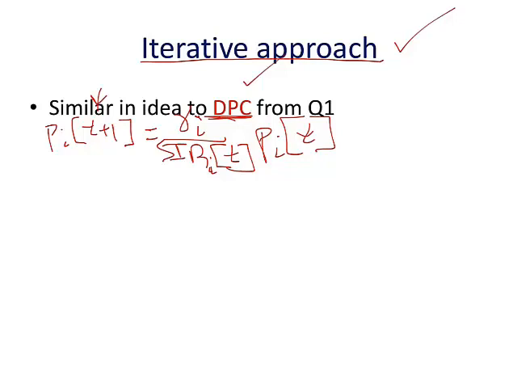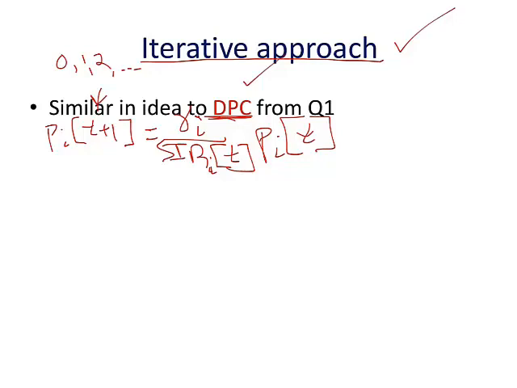So we would start at t equals 0, go to 1, go to 2, all the way over. And so we have the same idea here of what we want to do. Basically, we want to keep iterating this over time, and eventually we will converge to the solution.